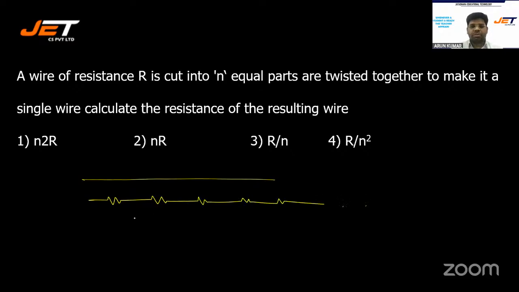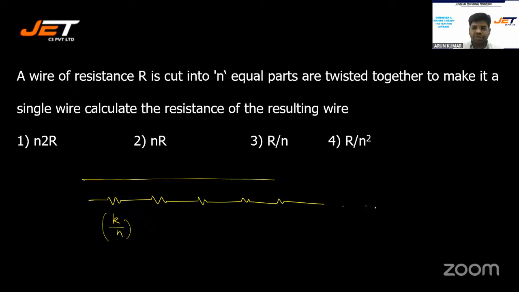So each one will be R by n, because the total resistance of the wire is R and it is cut into n equal parts. Now they are connected in parallel, twisted together in parallel to make it a single wire.